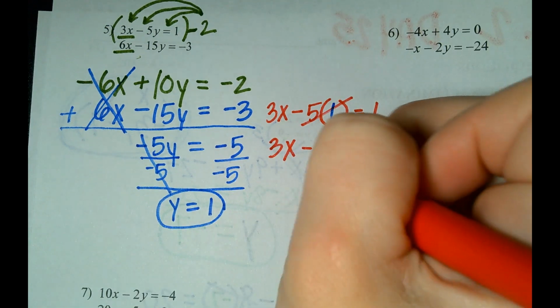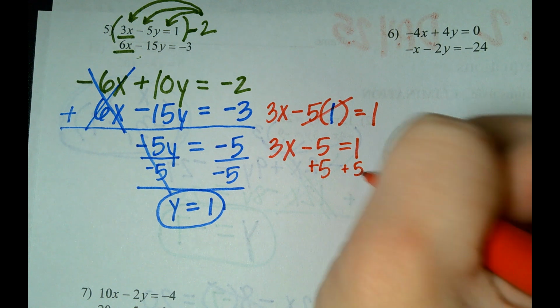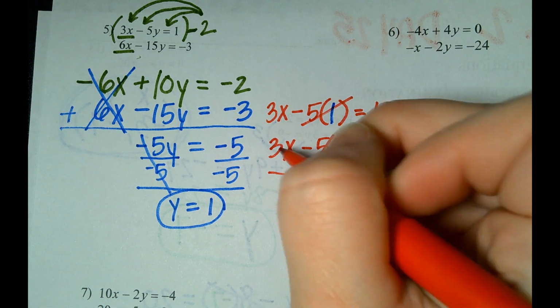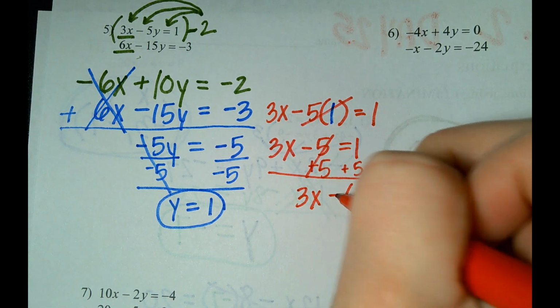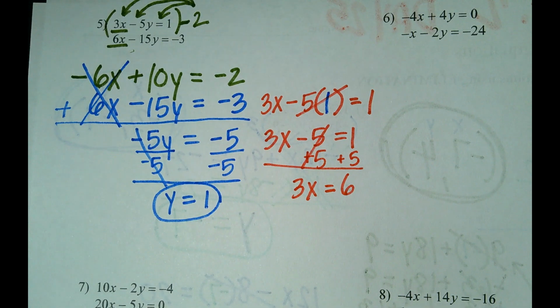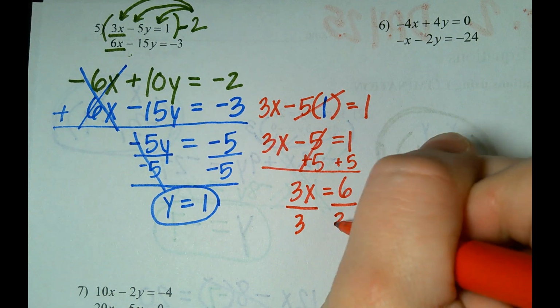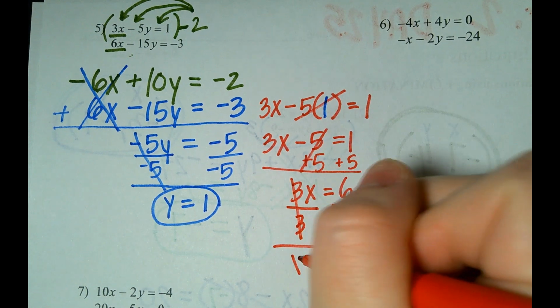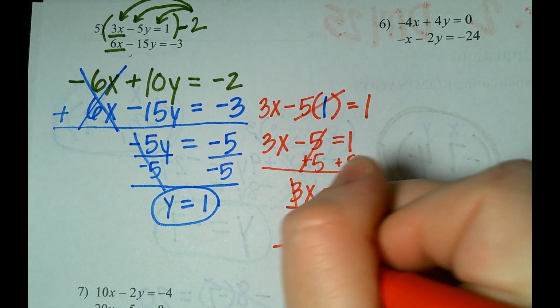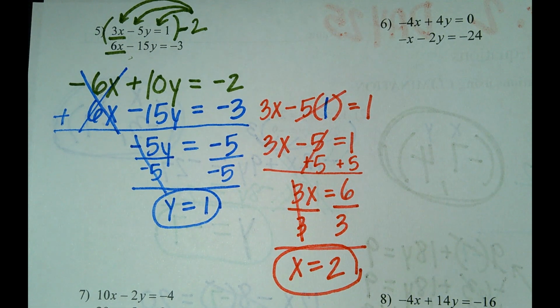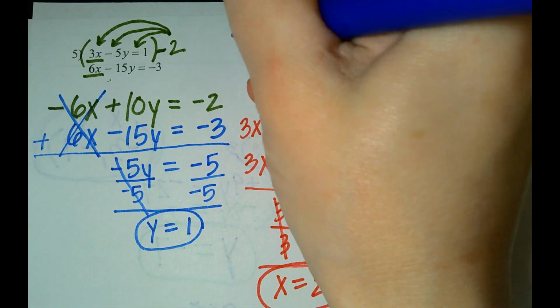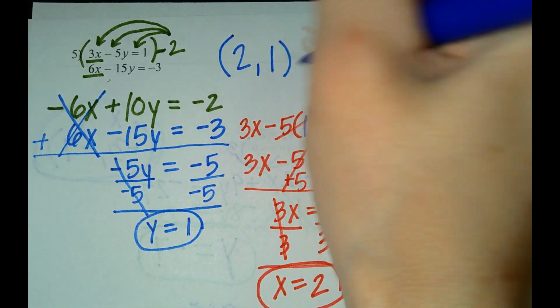Perfect, plus 5 on both sides, that equals 6. And one more step. Divide it. And I get x equals 2. So y is 1, x is 2. And what would our coordinate be? 2, 1. 2, 1. Good.